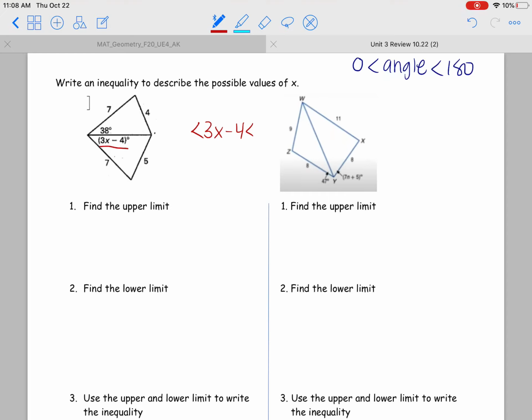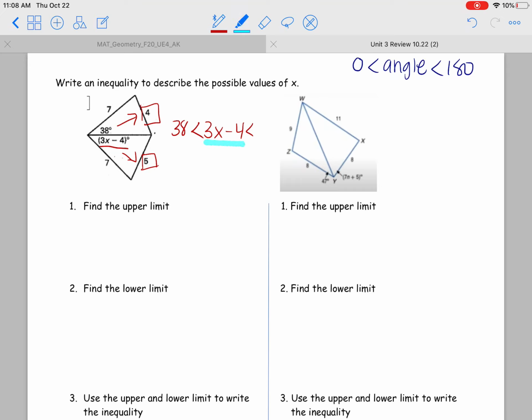So we have to find the upper limit and the lower limit. So 3x minus 4, is it going to be greater than 38 or less than 38? Well, based on the side lengths, I know that 3x minus 4 has to be greater than 38. So 38 is my lower limit right now because 3x minus 4 has to be bigger than 38.